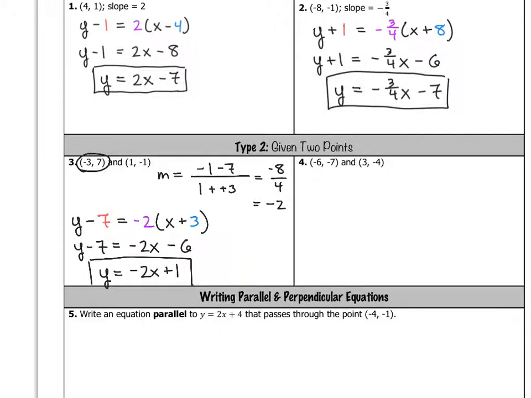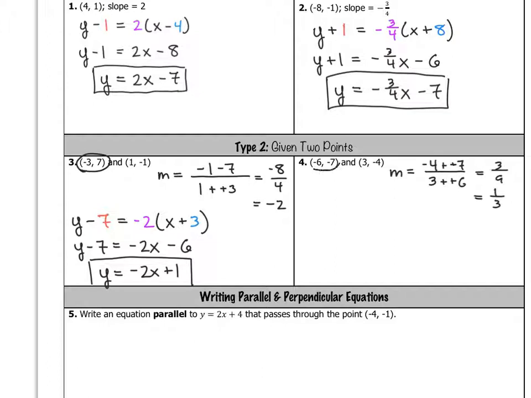Okay, for number 4, we'll find the slope first. -4 minus -7 divided by 3 minus -6. So this becomes 3/9. So we have a slope of 1/3.